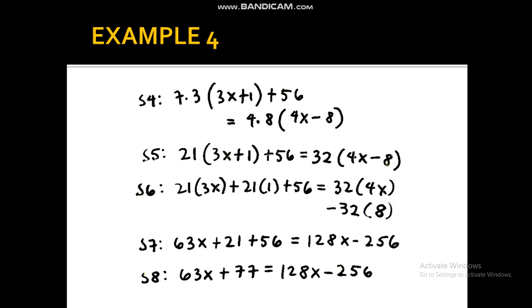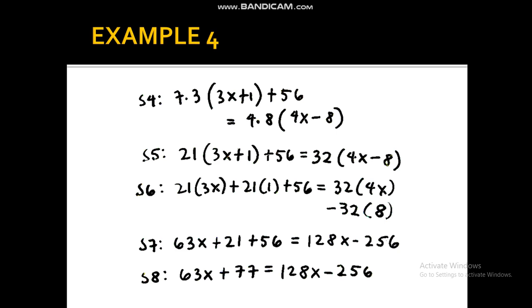Step 5, the outside products have been written, the products of the numbers outside the parentheses. Step 6, in the left hand side, I apply the distributive property of multiplication over addition. In the right hand side, I apply the distributive property of multiplication over subtraction.